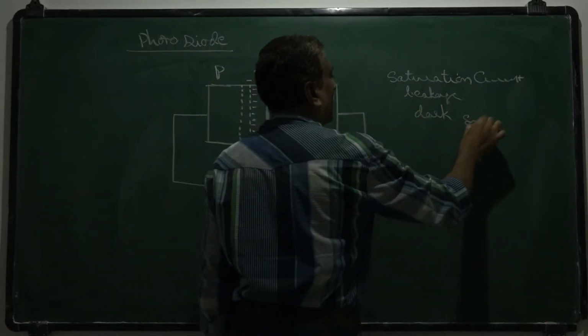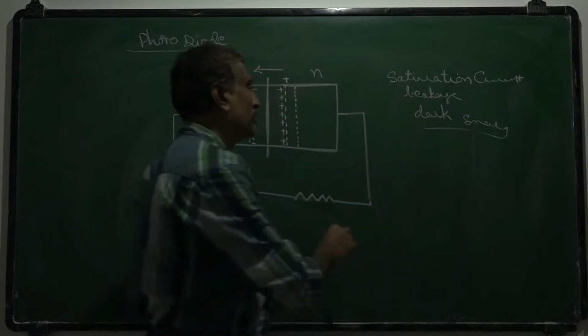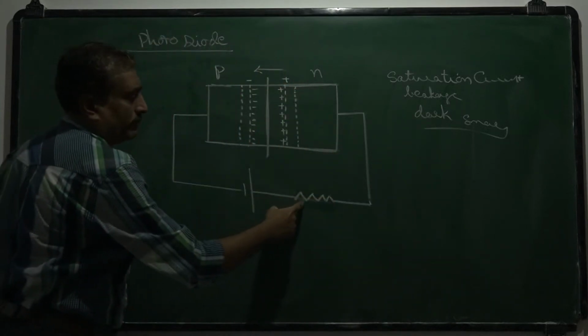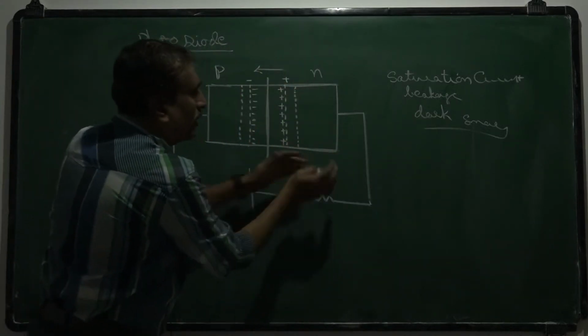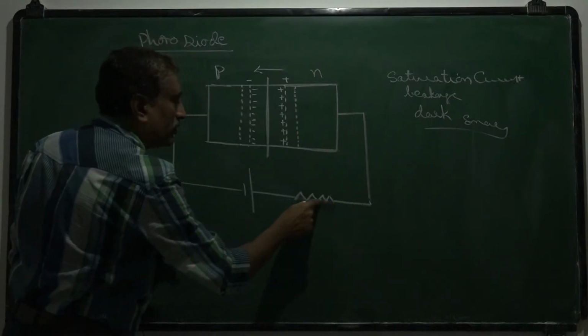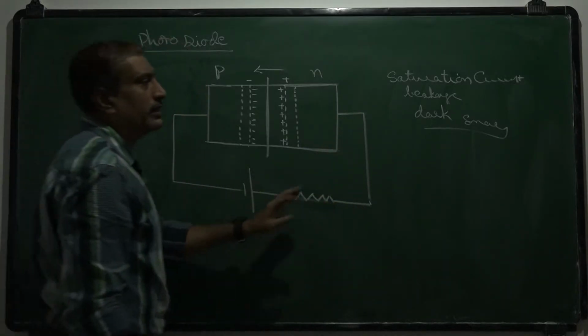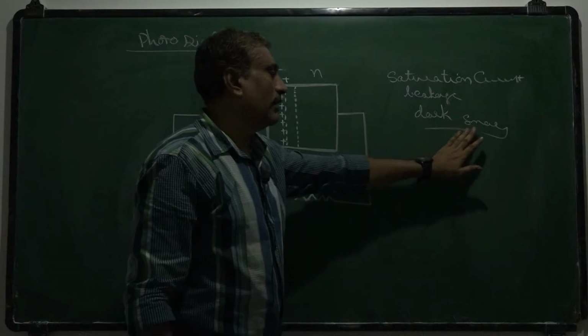A small current flows through this resistor, because we have connected a resistor, and that current is called leakage current or dark current.